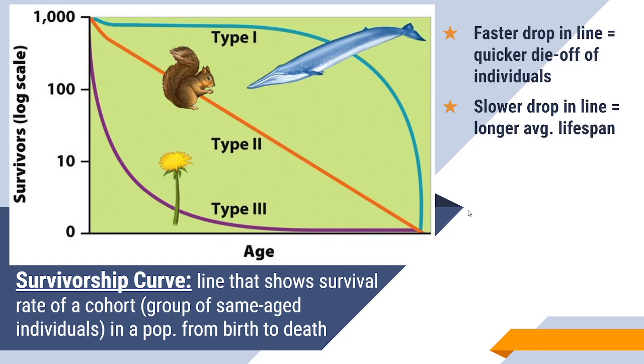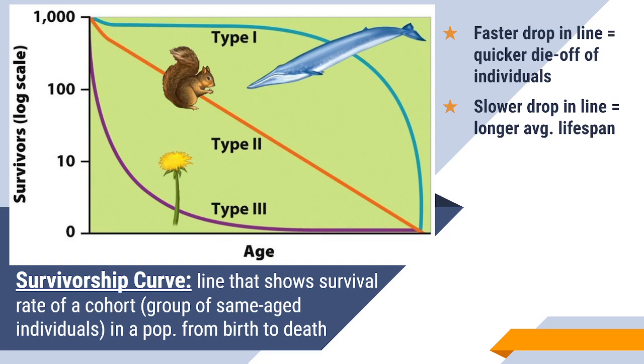Now, with our type 1 and type 3, those are going to be the easiest ones to look at. Type 1 and type 3 are going to respectively fall into what we just talked about with a categorical K-selected species for a type 1 and a categorical R-selected species for a type 3.